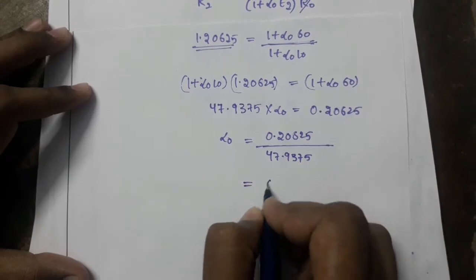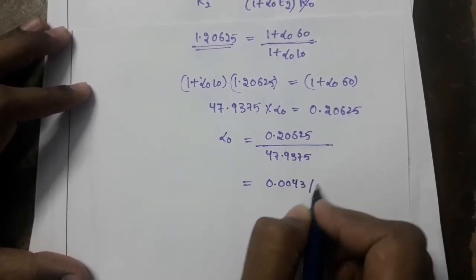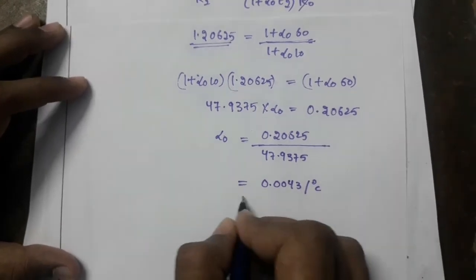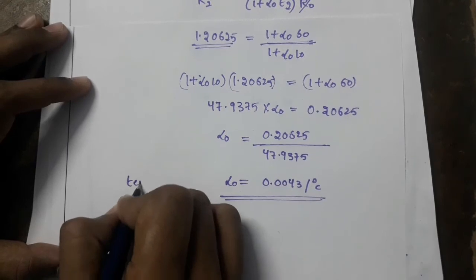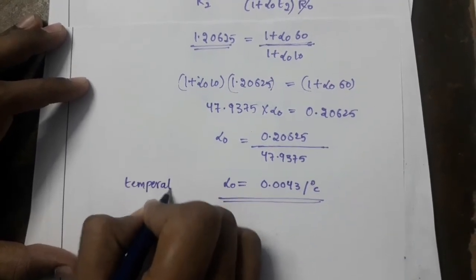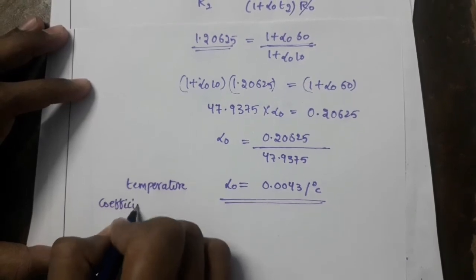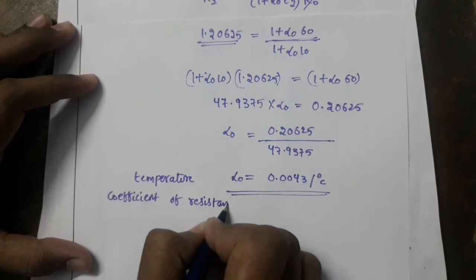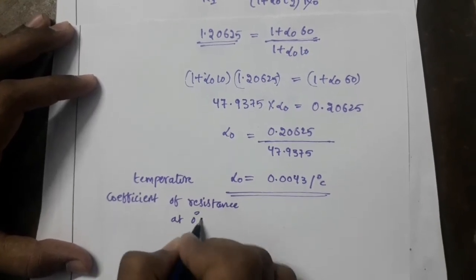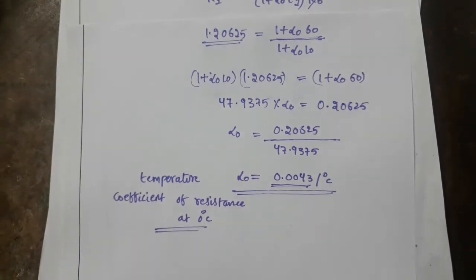By solving this we will get alpha naught equal to 0.0043 per degree centigrade. We have got alpha naught, that is temperature coefficient of resistance at 0 degrees centigrade, equivalent to 0.0043 per degree centigrade.